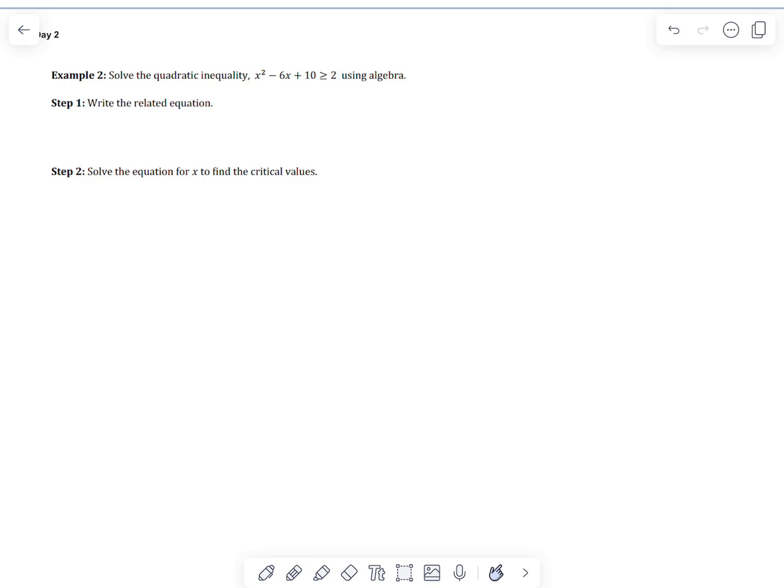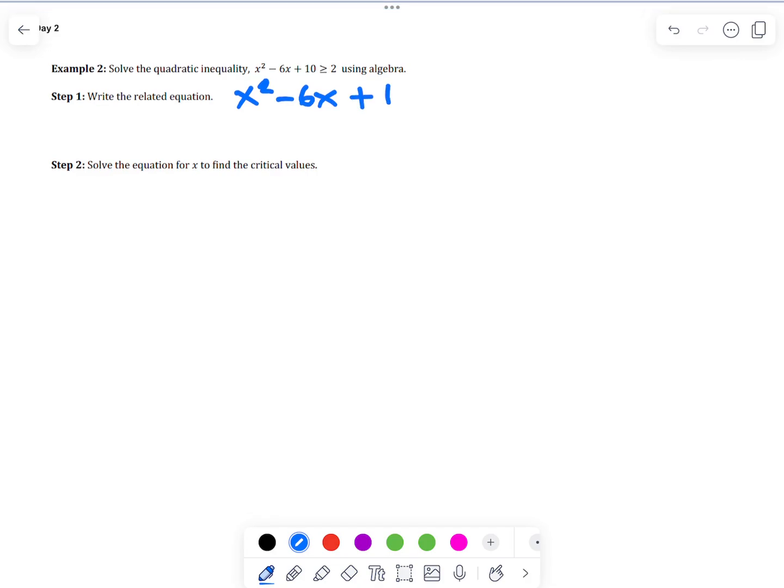Here's another example on solving a quadratic inequality using algebra. So step 1, we want to write the inequality as an equation. And then before we move on to step 2, we want to get that into standard form.